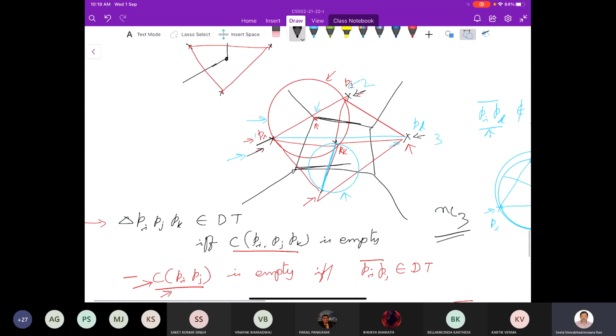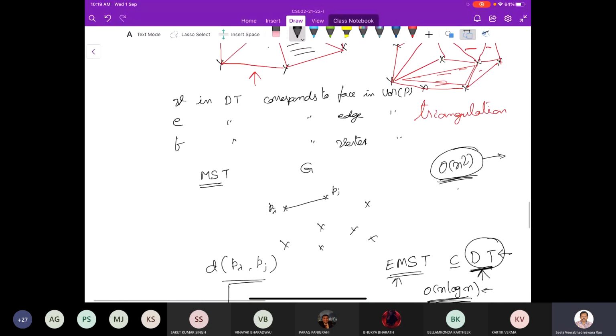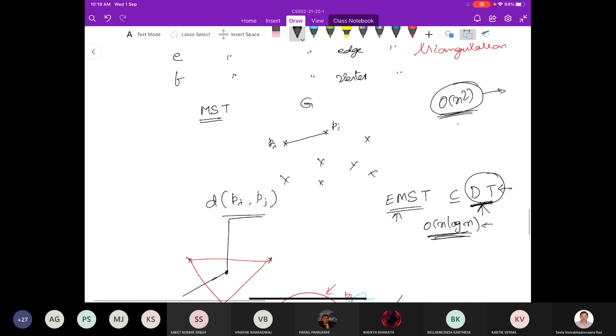If you recollect what we discussed in the last class, we have endpoints given, and we are using the complete graph on these endpoints, and the distance between them is the weight of the edge. In that complete graph, we want to construct a minimum spanning tree. This is what is called a Euclidean minimum spanning tree, and this Euclidean minimum spanning tree is a subgraph of the Delaunay triangulation.